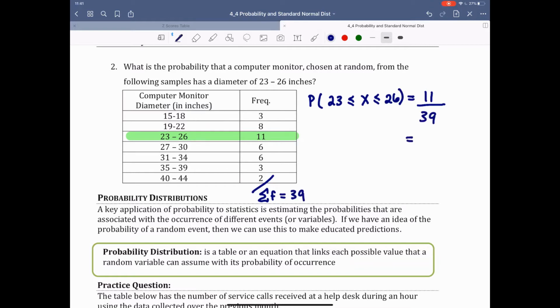So 11 out of 39 of the monitors are within that range. And I'm going to round my probability to 4 decimal places. And you'll see that's a pretty typical number of decimal places to round probabilities to when we get to z-score tables. But on an assessment, we will specify how we want your final answers rounded.